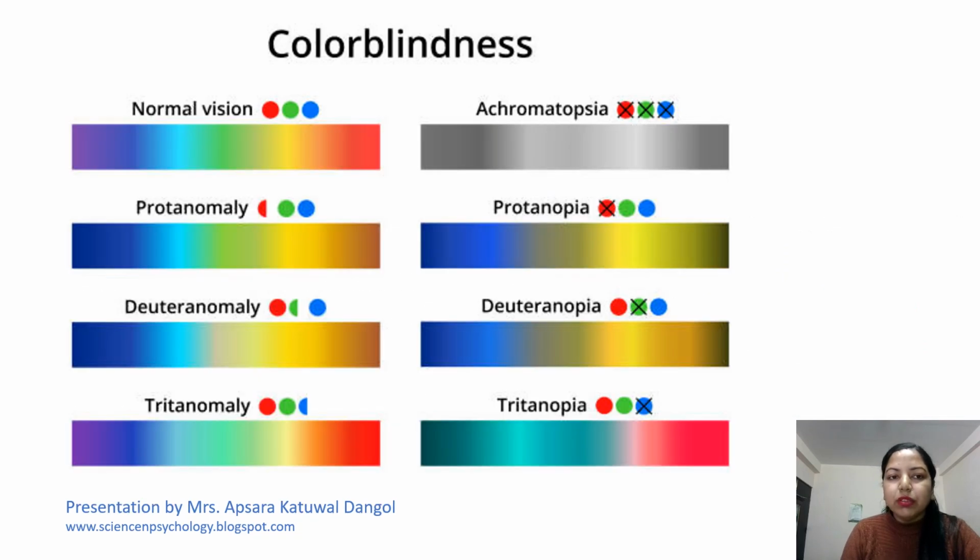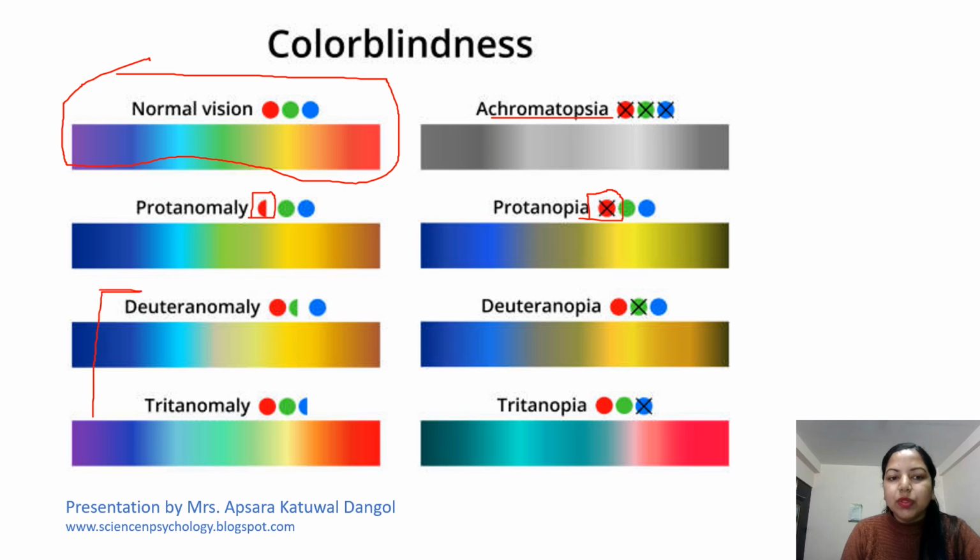If we talk about normal vision, a person can differentiate all the colors because the cones and rods are functional, but when a person is dependent only on rods, it is achromatopsia. In protanomaly, you can see there is a mild shift in red color, but in protanopia there is a lack of L cones, and so on.